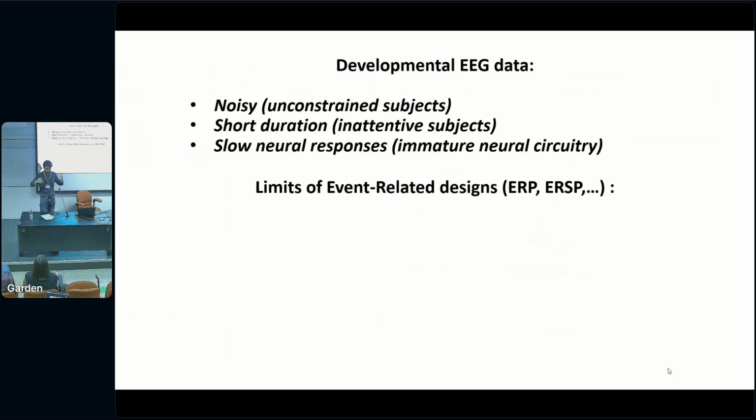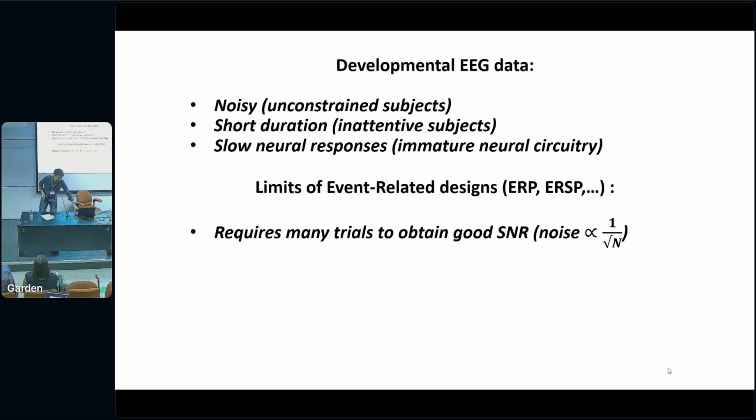But this noise, which is also a lot of just ongoing EEG fluctuations unrelated to the stimulus, goes down with the number of trials very slowly, with the square root of the number of trials. So you need many, many trials to have a clean signal.